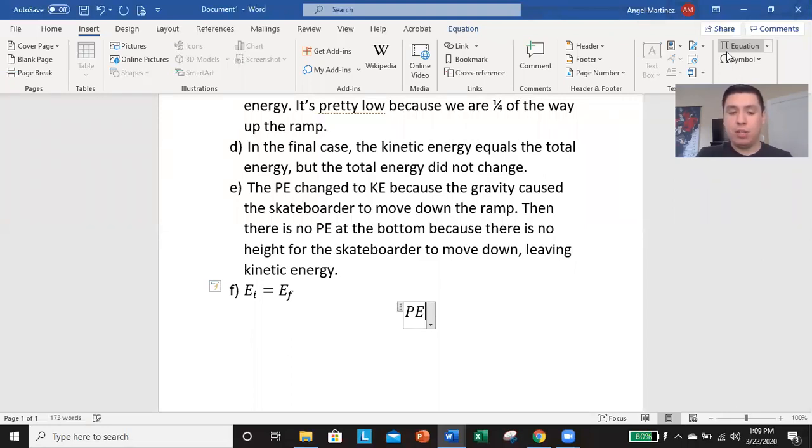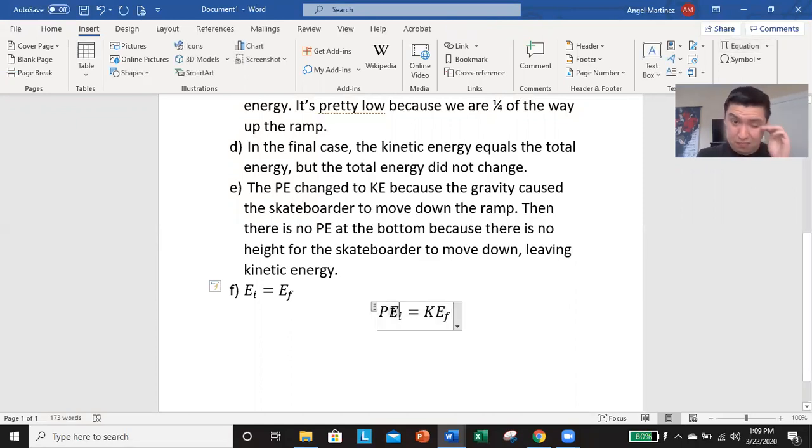So let's put that PEi, and then there's no kinetic energy, so we just leave that. At the end, there's only kinetic energy and no potential energy, so at the end there's only KEf. That's the entire equation. PEi equals KEf. So initial potential energy equals final kinetic energy, in this case when there's no friction.